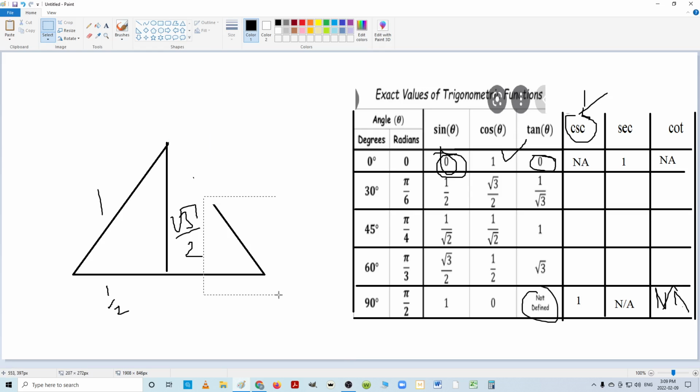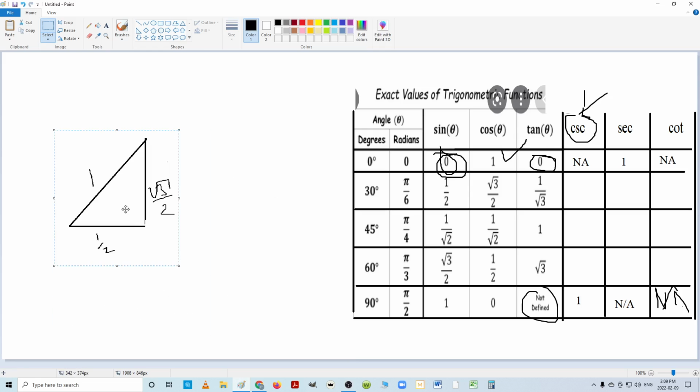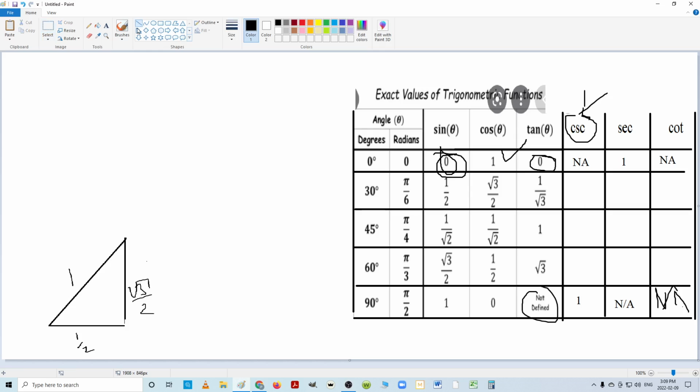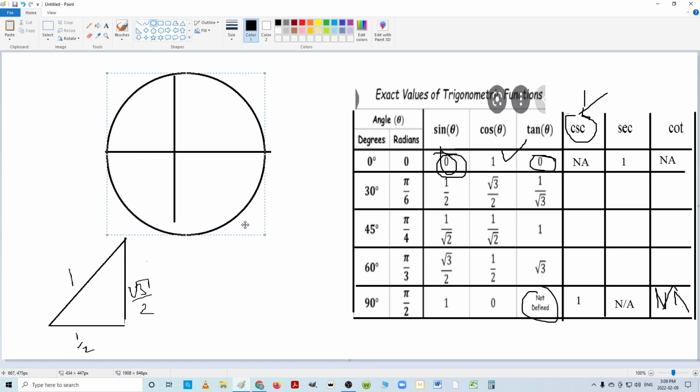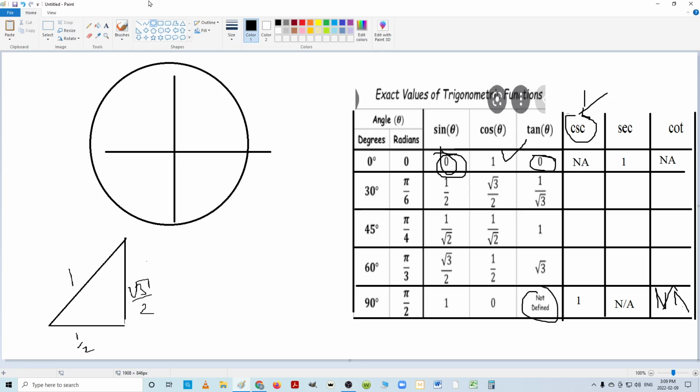But what it allows me to do is see how to fit this triangle perfectly into the unit circle. So if I have a unit circle here, a circle with a radius of 1, it's clear this hypotenuse here is 1. It means I can fit this 30, actually that's a 60-degree triangle perfectly.